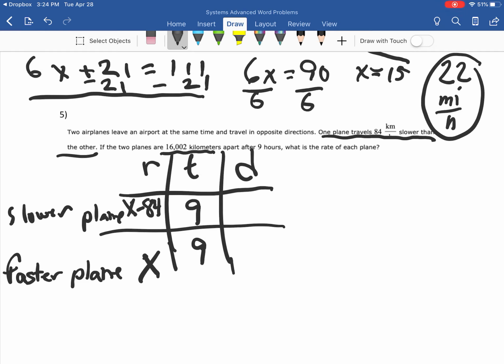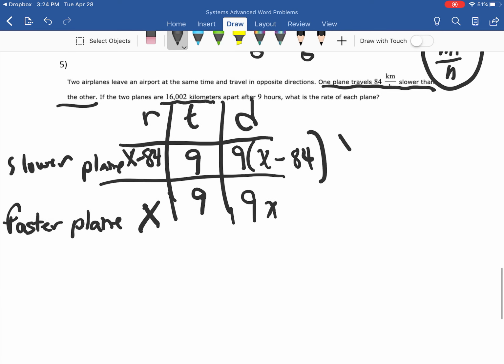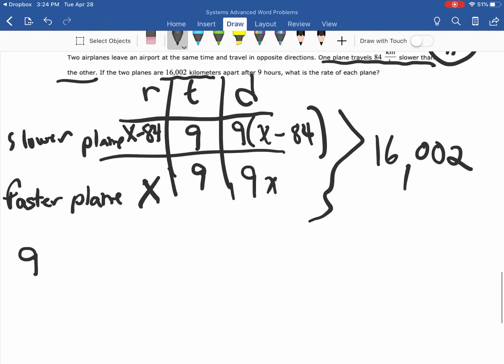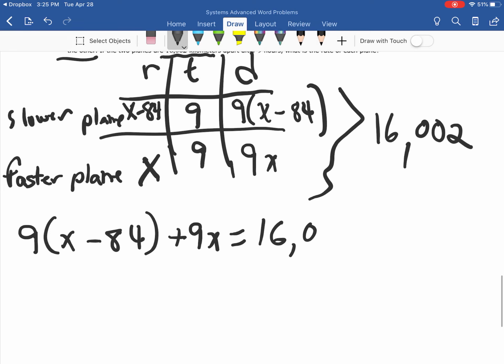Because they're 16,002 kilometers apart, so the total amount they have to fly to meet is 16,002 kilometers. So for this one, the distance can be represented algebraically by 9 times (x minus 84), and for this one, it's 9x. Okay, so we know these 2 distances have to add up to 16,002 kilometers.